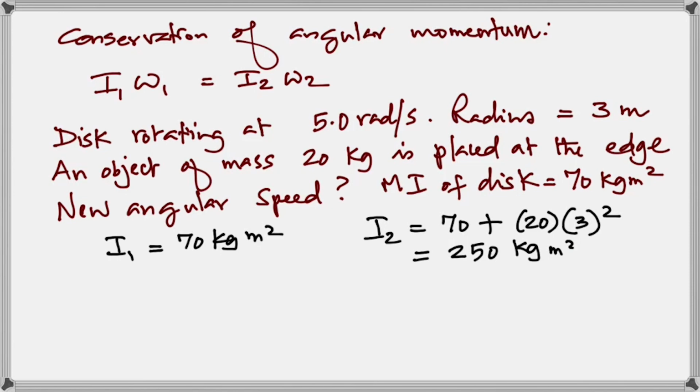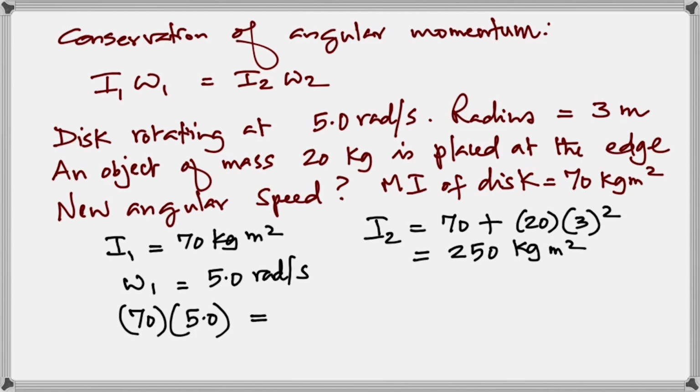So we get the new rotational inertia as 250 kilogram meter squared. Omega 1 is given. We can easily calculate omega 2. So I1 omega 1 is equal to I2 omega 2. And if you make omega 2 the subject, and you calculate, you're going to get 350 divided by 250, which comes out to be 1.4 radians per second.